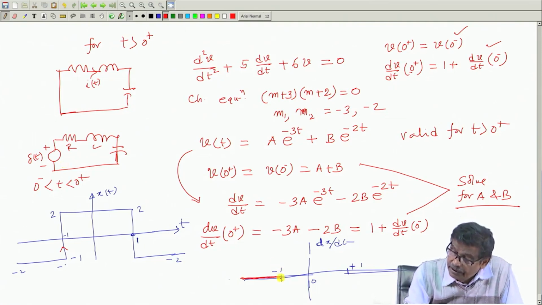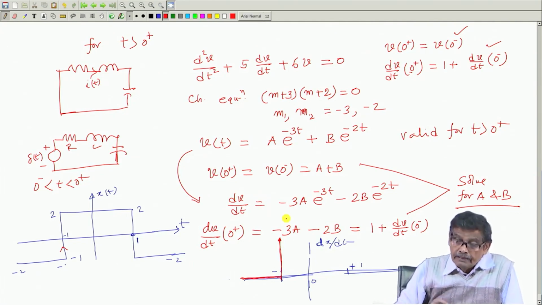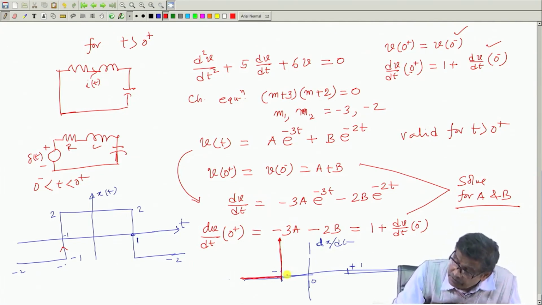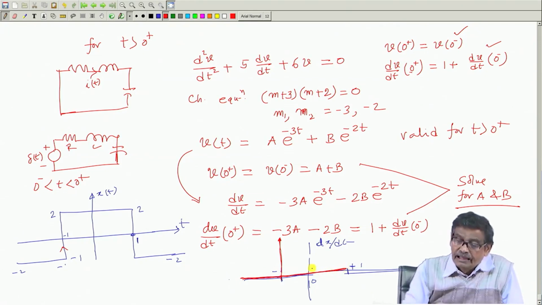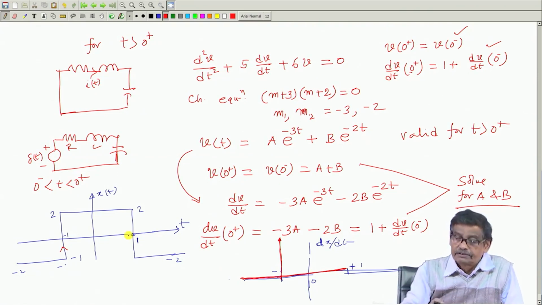Therefore, we must expect there will be an impulse sitting here; dx/dt must have an impulse here. Similarly, between -1 and +1, the value is constant, so dx/dt will be 0. And then at t equal to 1, another jump takes place in x(t).